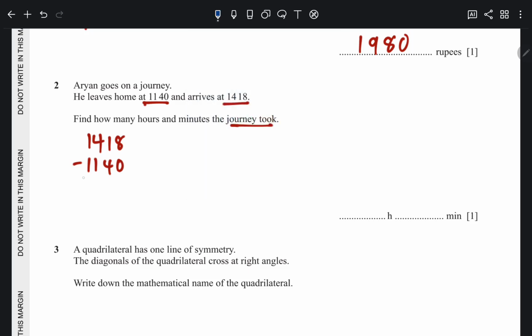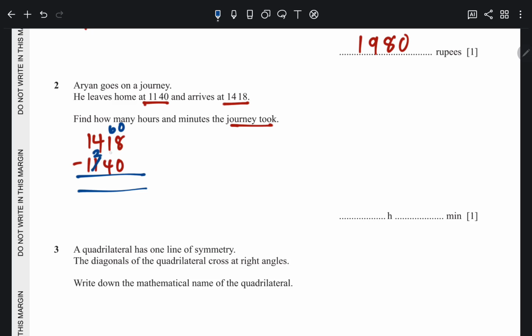Now when you do the time calculation, you do minutes on their own, then hours on their own. So minutes, you do them together. You say 18 minus 40, and you can see that 18 is less than 40. So you're going to add 60 more minutes, which is 1 hour, to the top. And you should now add 1 hour to the bottom as well. But you don't add it at the minute section, you add it at the hour. So instead of 1, you will now have 2 hours.